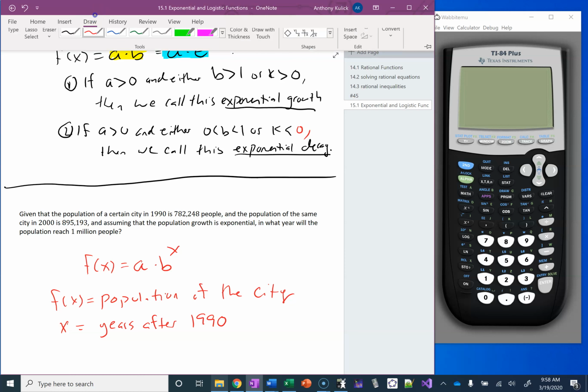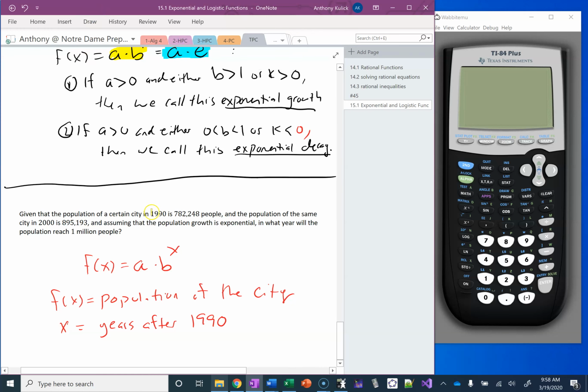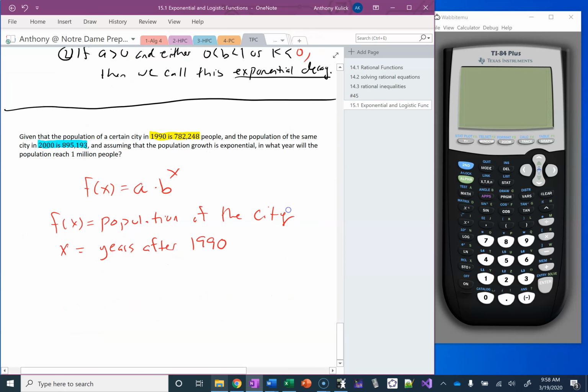So what I'm going to do now is take the information in here and translate this into points. So we have x and f of x. From the yellow information, 1990 is 0 years after 1990, and the value for f of x is 782,248.